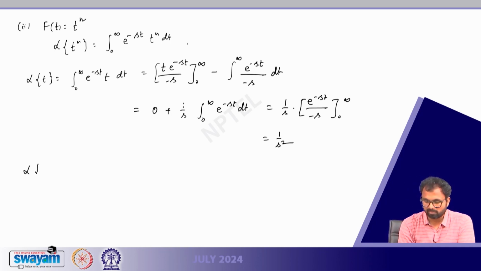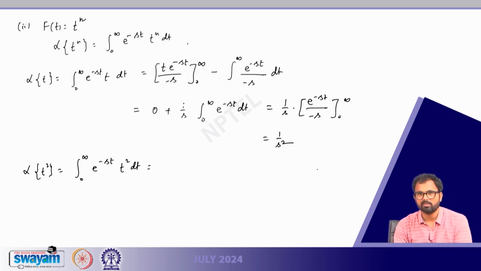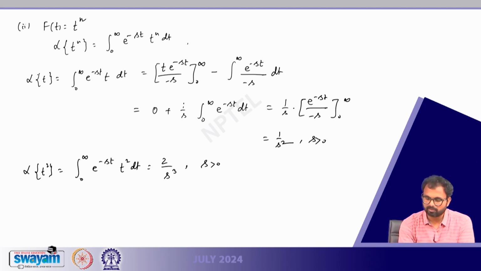Similarly we can find the Laplace transform of t square. It will be the integral from 0 to infinity of e to the power minus st t square dt. Then you again do the integration by parts, very basic, and you will find it becomes 2 by s cube, where s is positive. So we know the Laplace transform of 1 is 1 by s, of t is 1 by s square, of t square is 2 by s cube.